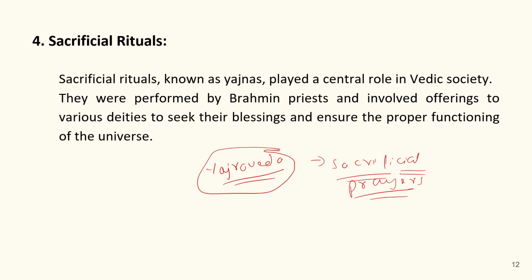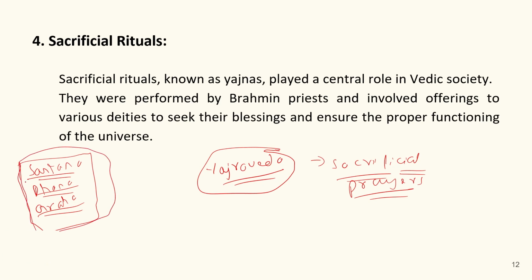Basically these were done for three things: santan, dhan, and grah. Like for having a baby, for having money, or for having a good and spiritual life. So these three were the main concerns of the prayers of yajnas, the sacrificial prayers.